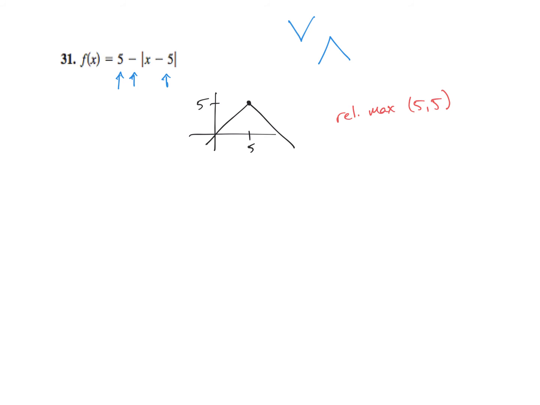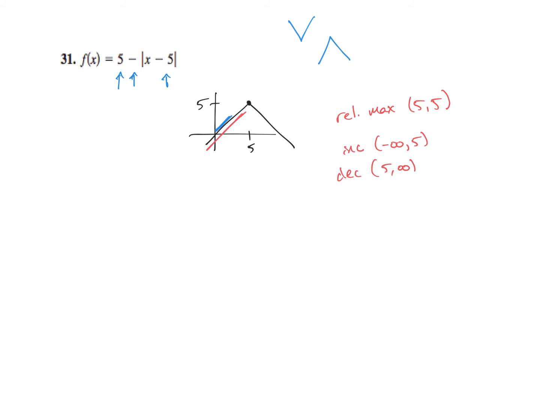What's it doing before 5? What is this part doing? Increasing. It's increasing. So that means it's increasing on the interval of what? Negative infinity to 5. Where is it decreasing? 5 to infinity. Now, I want to go one more step, okay? Because this will lead into other things. What is my slope on negative infinity to 5?